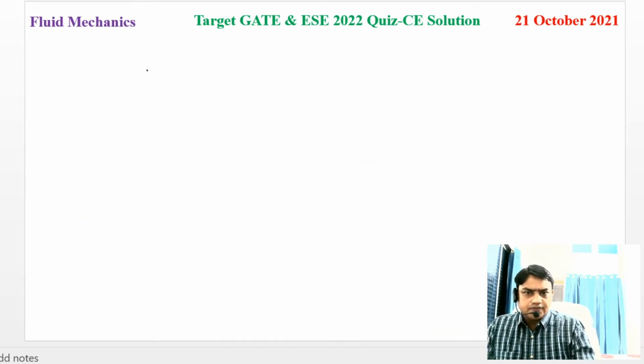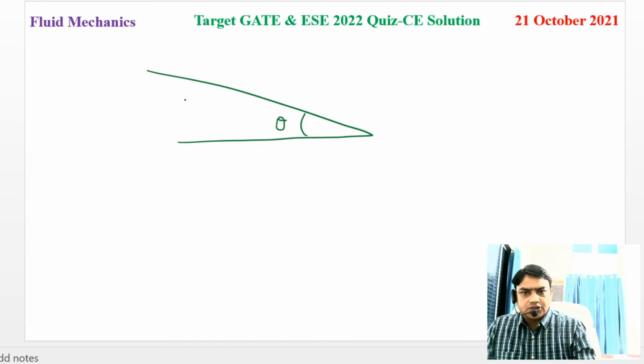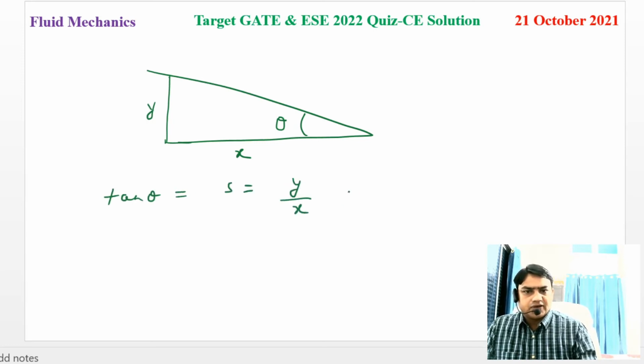So let us assume this is our slope, this is theta, and vertical distance is y and horizontal distance is x. So we can write tan theta, that is the slope, as y/x, or in terms of scales it can be LRV divided by LRH.